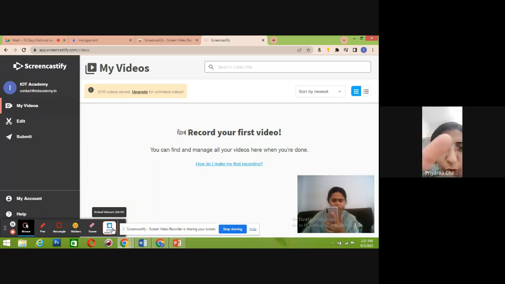See, there is an option of stop also. There's an option of pause also, right? No, left hand side. Now you can stop the video also. Stop. Just below the play sign.